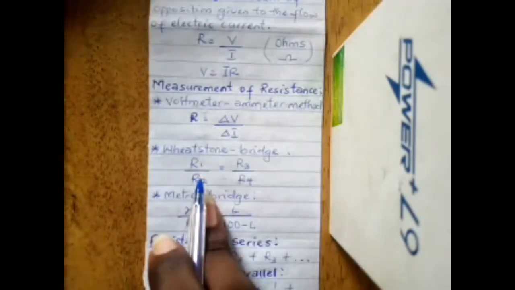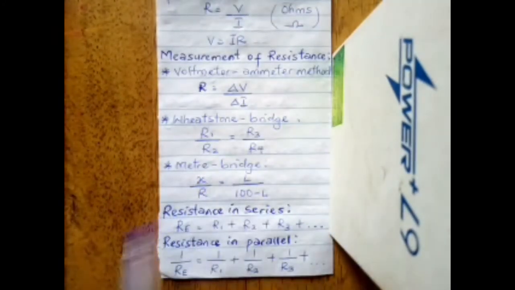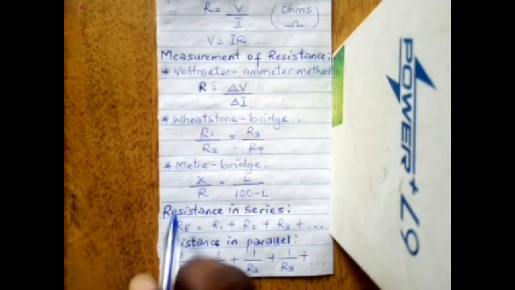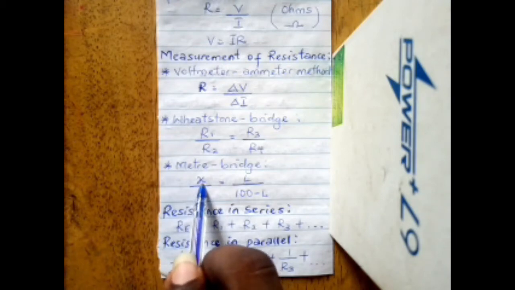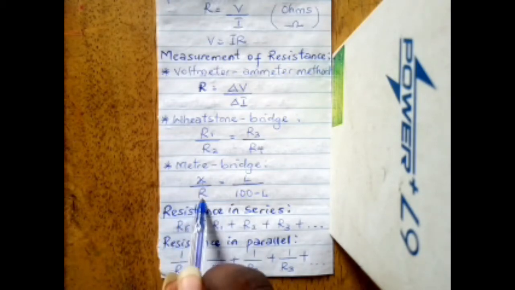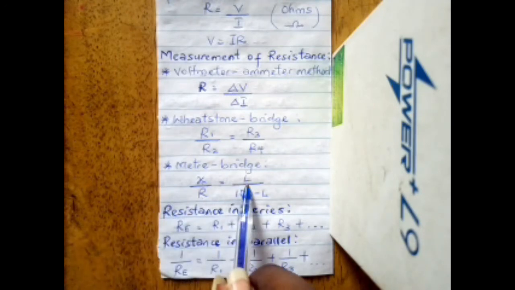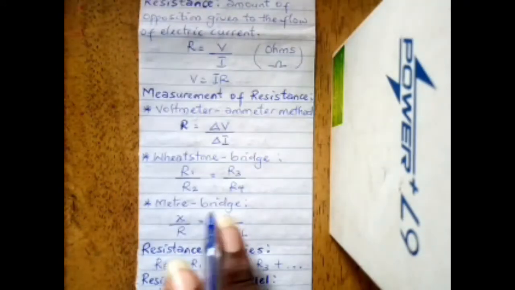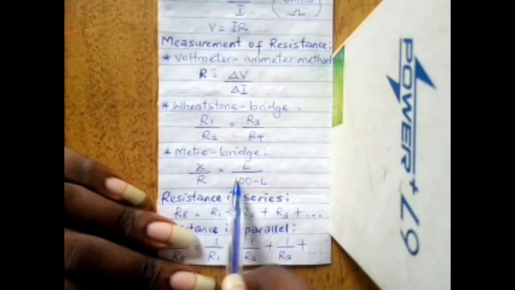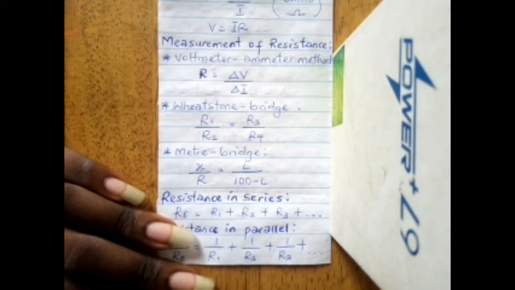Another method of calculating resistances is the meter bridge method. Now, this X stands for the unknown resistance. This stands for the resistance of known value already. And this stands for the length of the meter bridge, the certain length which was being adjusted. 100 is the standard length of the meter bridge.